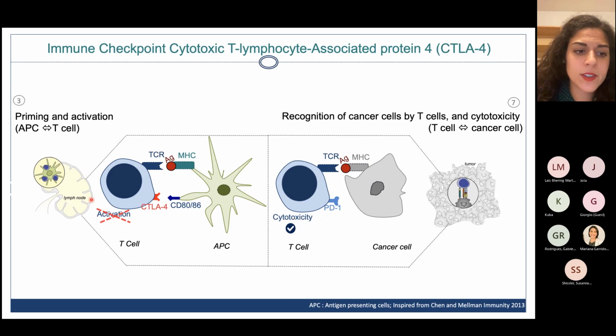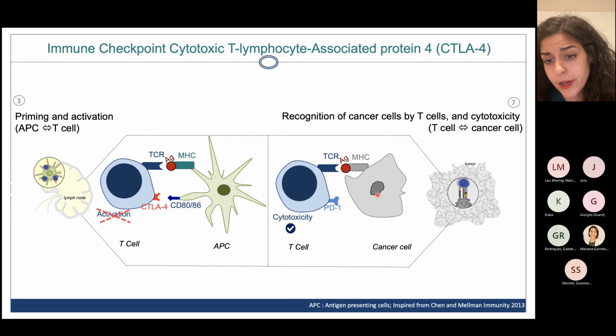But at the stage of the lymph node, during this collaboration between the antigen-presenting cell and the T cell, the more activated the T cell is, the more it will express a receptor, CTLA-4, which will induce the stop of the activating signal, meaning that the cells will not be activated anymore and will not divide anymore, and so will not get into the tumor to exhibit their cytotoxic properties.